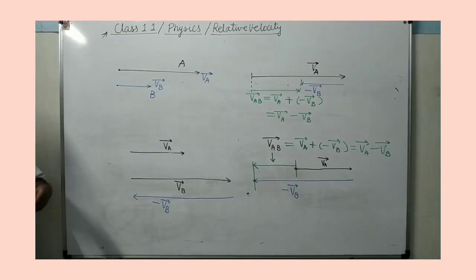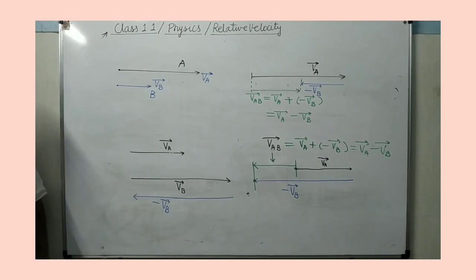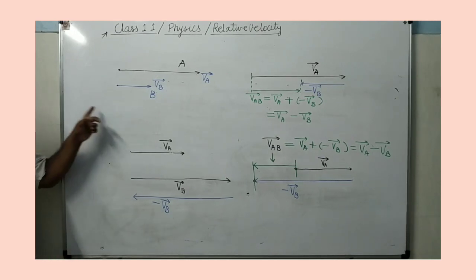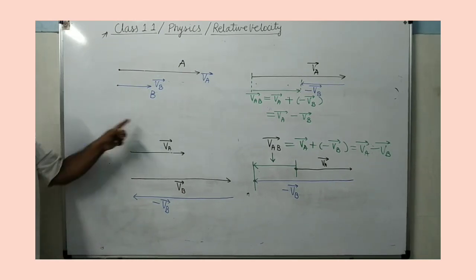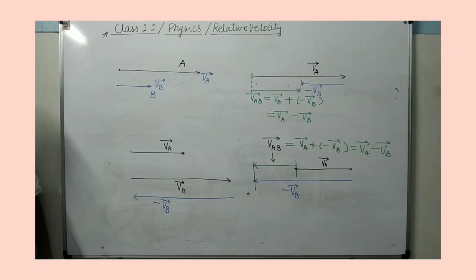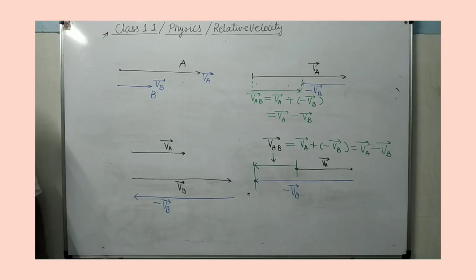Here I have shown it for one case, when bodies are moving in the same direction or in the other direction. Suppose the bodies are moving in two different directions, one this way, other this way. What is the general rule of determining the relative velocity of A with respect to B? In the velocity vector of A, you will add the negative velocity vector of B. This is the general procedure.